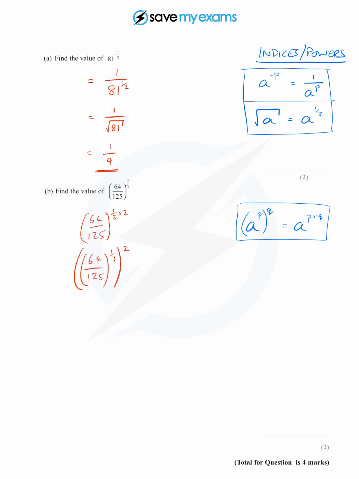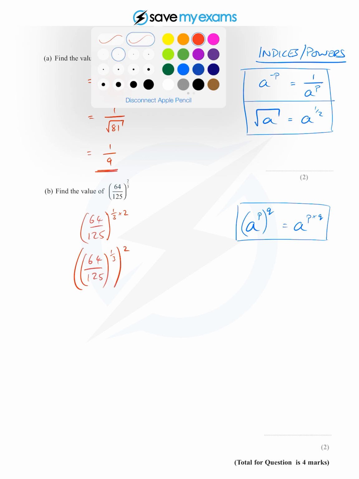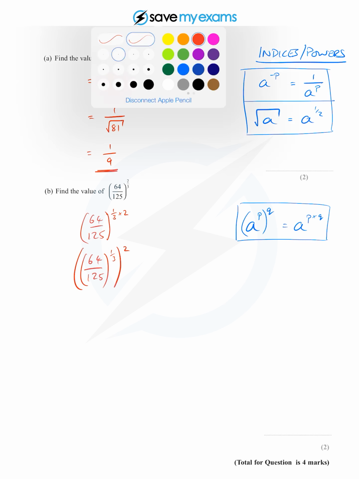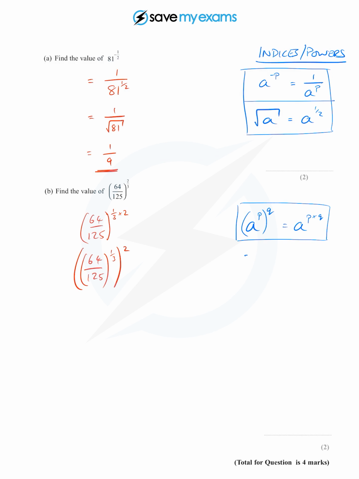Now what does to the power of a third mean? Well, just have a quick look back up here. The square root is to the power of a half, and in fact the cube root is to the power of a third. The cube root is raising it to the power of a third, and I hope you know your cubes.